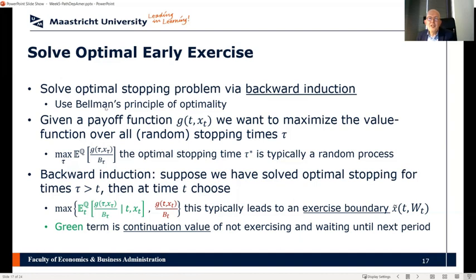Bellman's principle says that if I have already solved what the optimal solution is from this point going forward in time, then if I take one more step back, I only have to glue onto the optimal path that I already have towards the end. I only need to do one more time step and only make the optimal decision during my current time step.